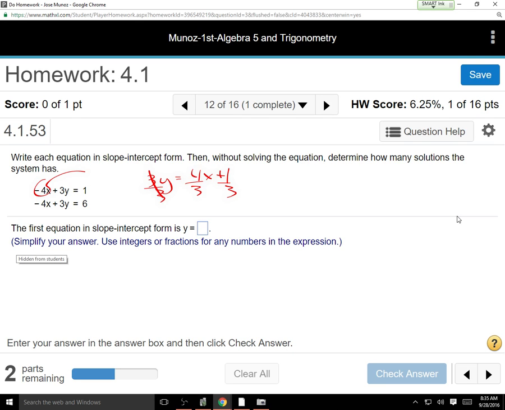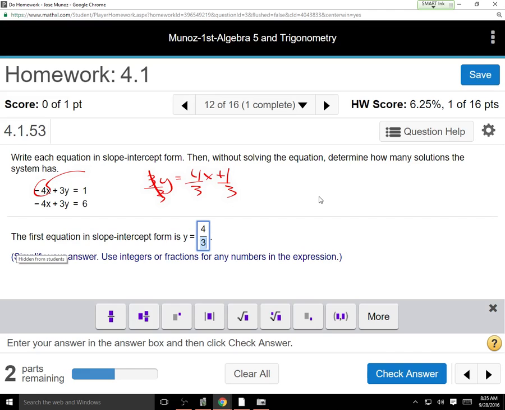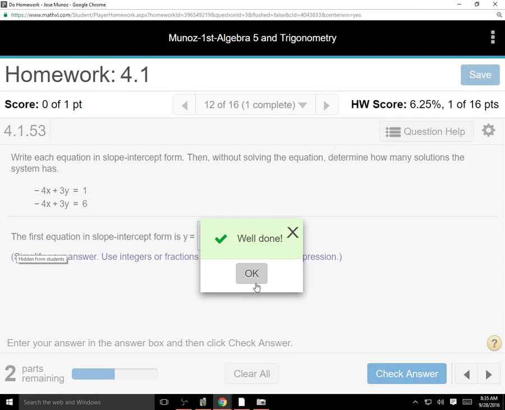That's called change side, change sign. Yeah. Okay, so if I'm just picking something up and moving it, then I can just change the sign of it. So here, this is going to be a multiple part question. Yeah. 4 divided by 3 x plus 1 divided by 3. So check answer. Well done.